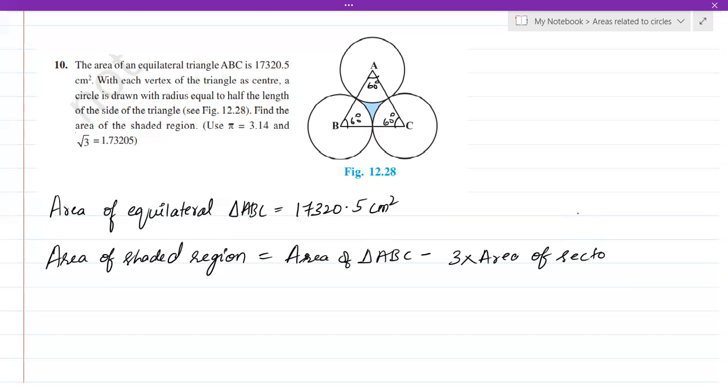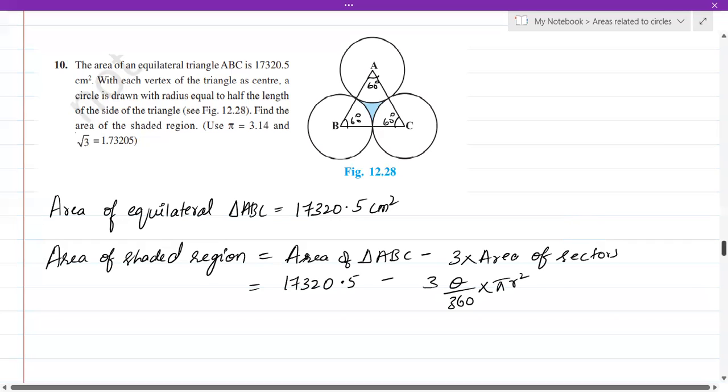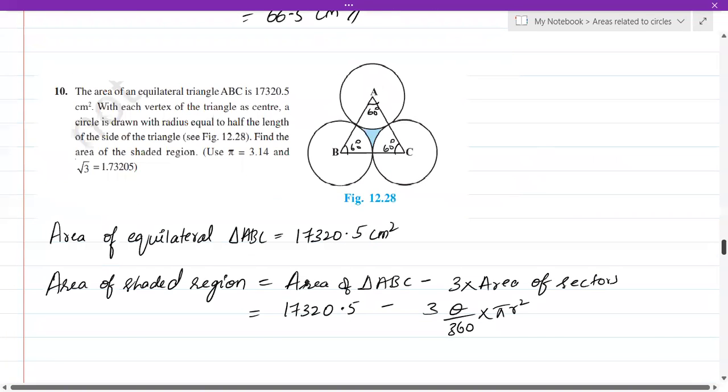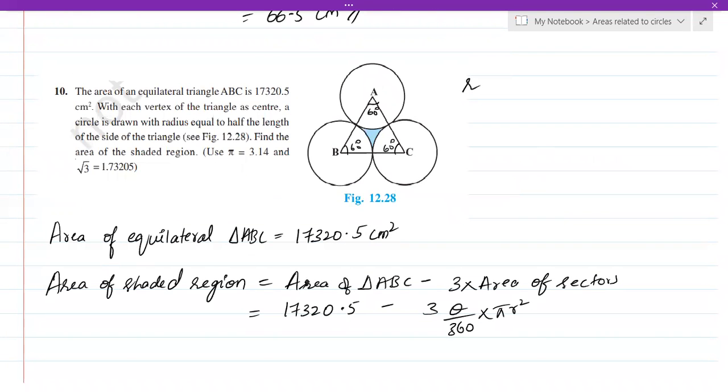Area of triangle ABC is already given, which is 17320.5 minus 3 times area of sector, given by the formula theta by 360 into pi r square. But the problem here is we don't know the value of the radius. The radius is not given, but it is given that radius is equal to half the side. Radius is equal to half into side.